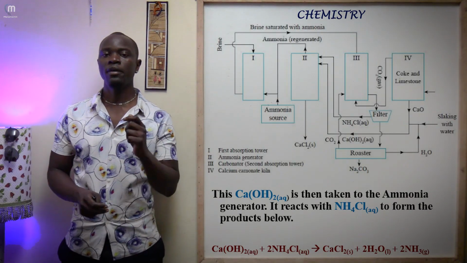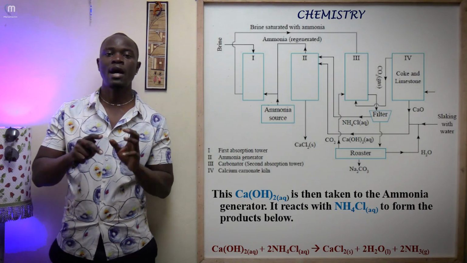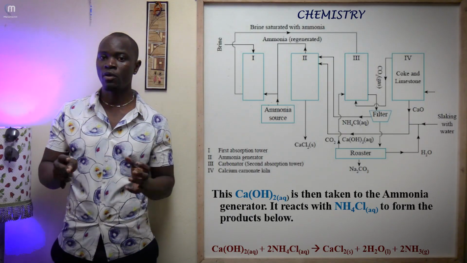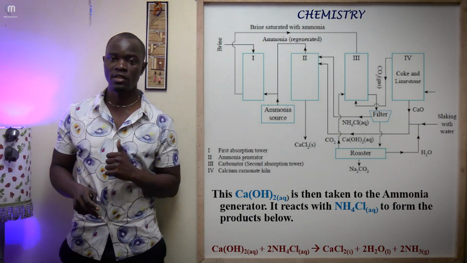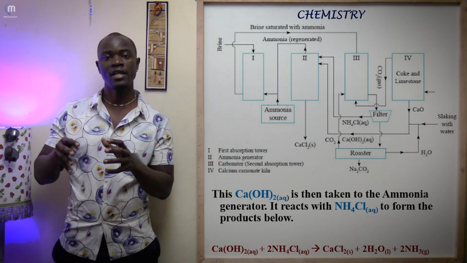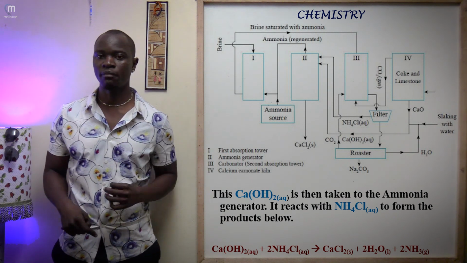Now remember, in this ammonia generator, the second chamber, ammonium chloride entered from the filter. Apart from this, calcium hydroxide has also entered this same chamber.